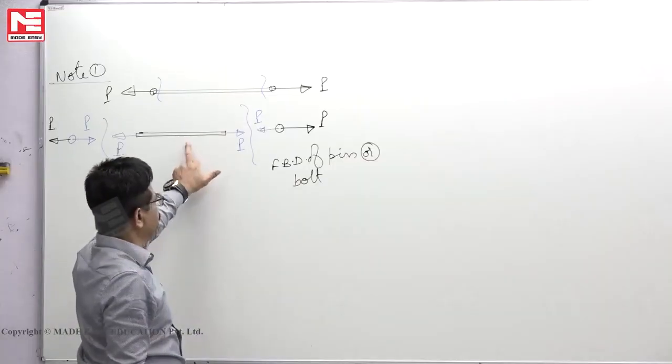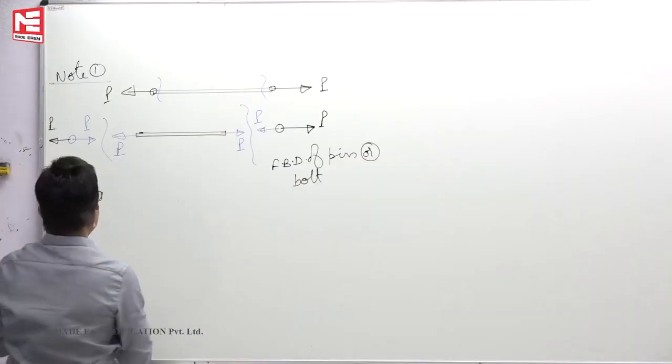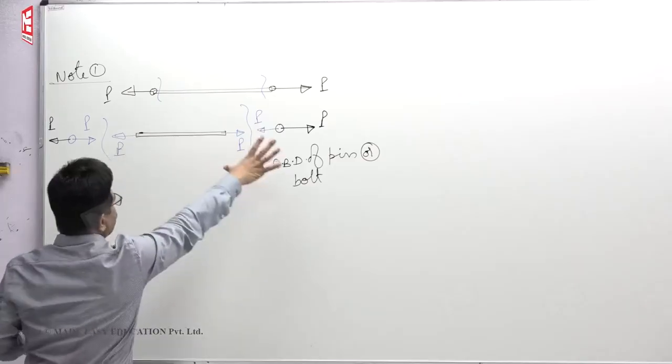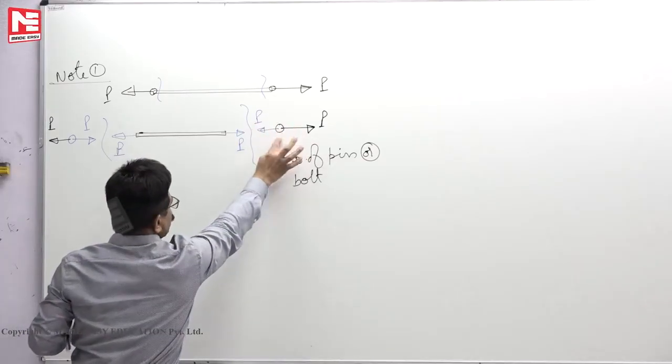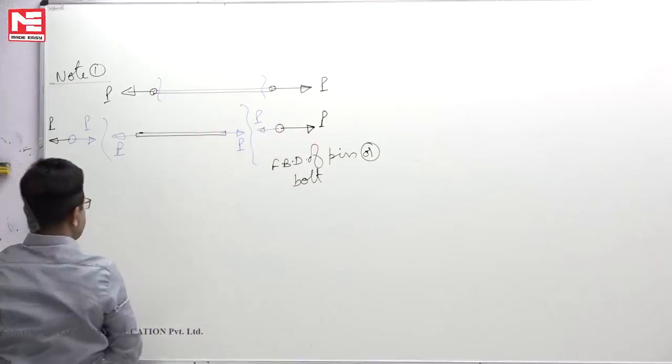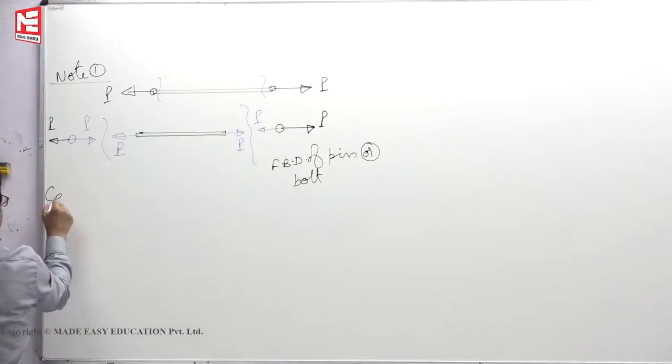So it is now under tension. This free body diagram tells you that if the arrow marks are away from the joint, it means that the force in the member is tensile. That is the first conclusion.